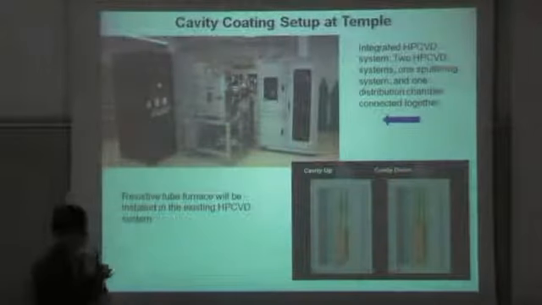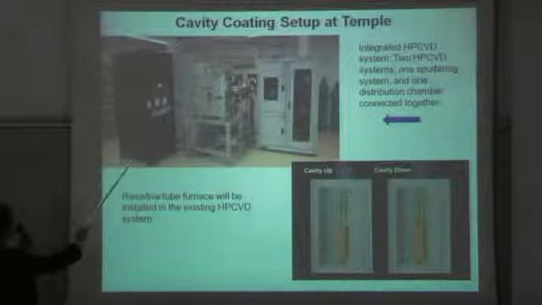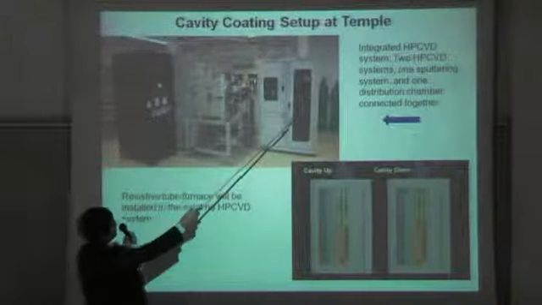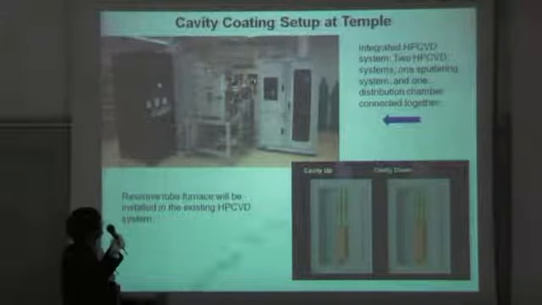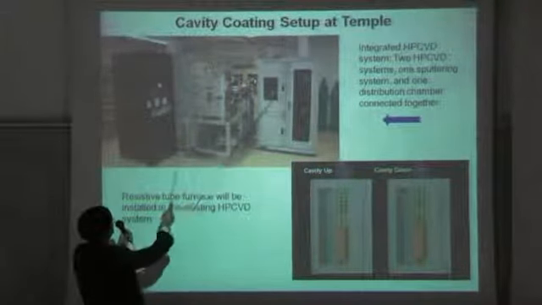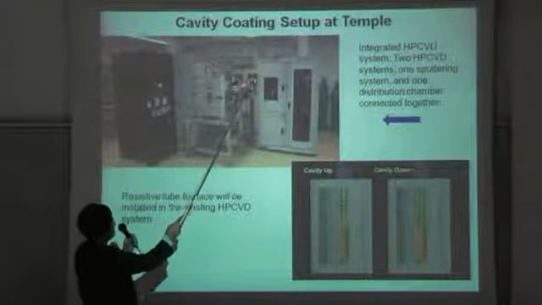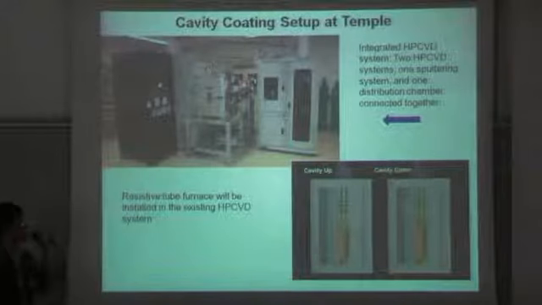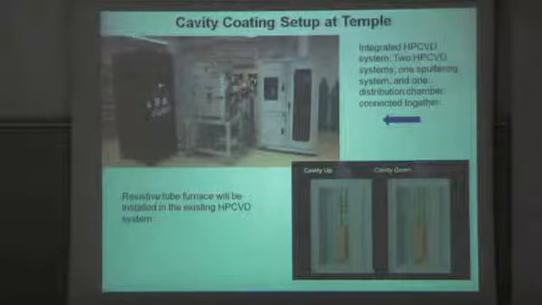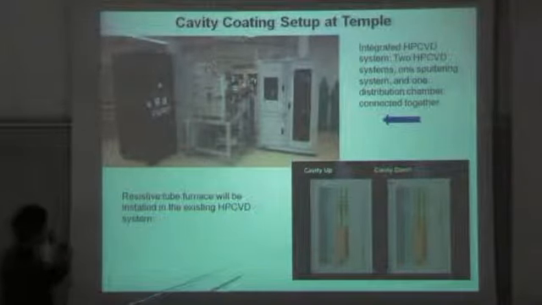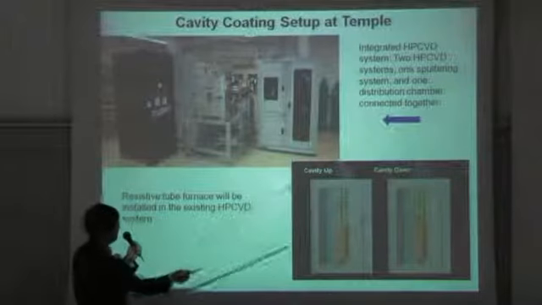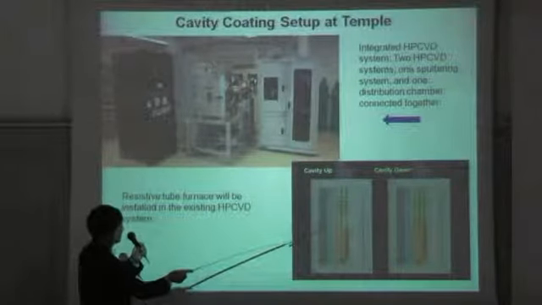And this is the picture of the so-called integrated HPCVD system that has two HPCVD chambers and a sputter system that's all connected with a transfer distribution chamber. And that system will be used for this purpose. And so that contains the vacuum chamber like this.